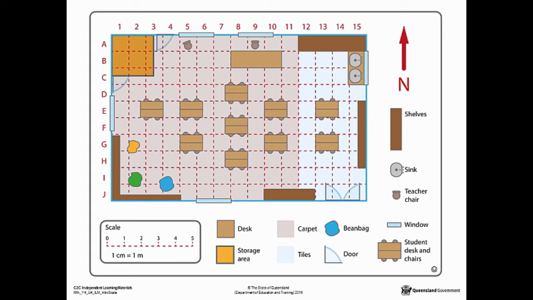The scale is 1 centimetre equals 1 metre. So 4 centimetres on the plan represents 4 metres in the classroom. In real life, the distance between the desk and the sink is 4 metres. Next time you are using a map, see if you can find a scale on it.